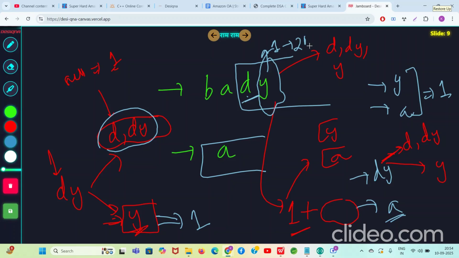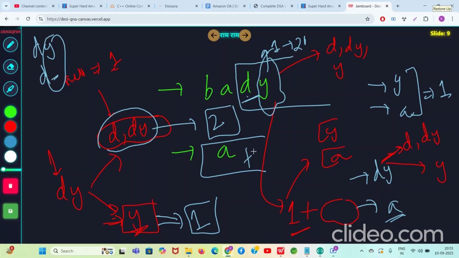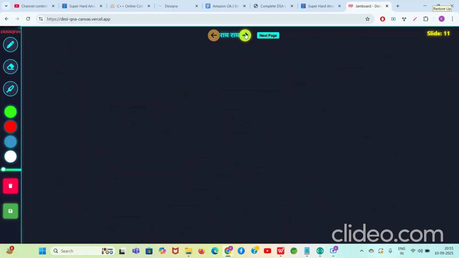So 2 raised to 1 is the number of subsequences which can be generated after d. One will be dy and another will be d alone. So 2 raised to 1 is 2. So two subsequences from here, d and dy, both are greater than a. So 1 from here, 2 from here, 1 plus 2 is 3. 3 subsequences are there, like y, d, dy, which are all greater than a. So life is pretty chill and easy. You can apply this formula again and again until your job gets done.